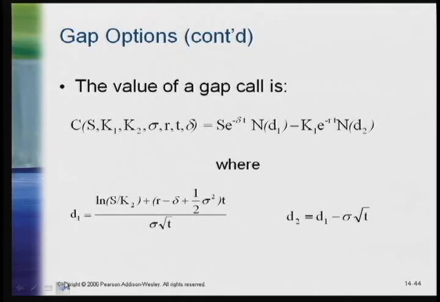Turns out the value of gap options can be calculated using a variation of the Black-Scholes formula. Namely, where K1, which serves the purpose of the payoff function, is the strike that defines the payoff, is used in the usual Black-Scholes formula, and K2, which determines when a payoff is made, enters into the D functions.